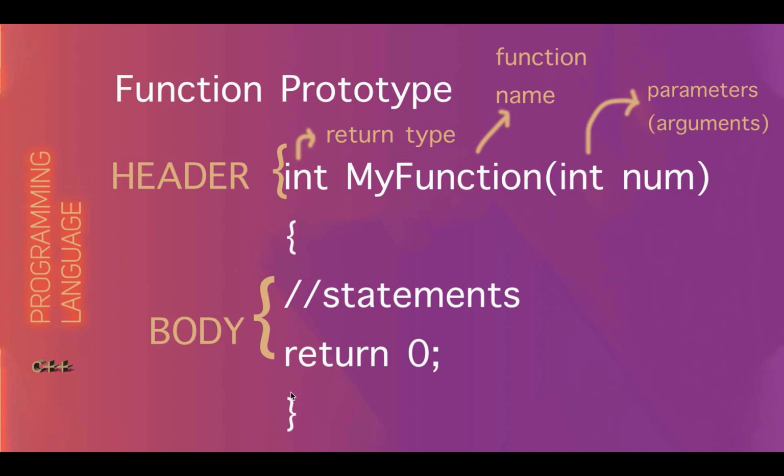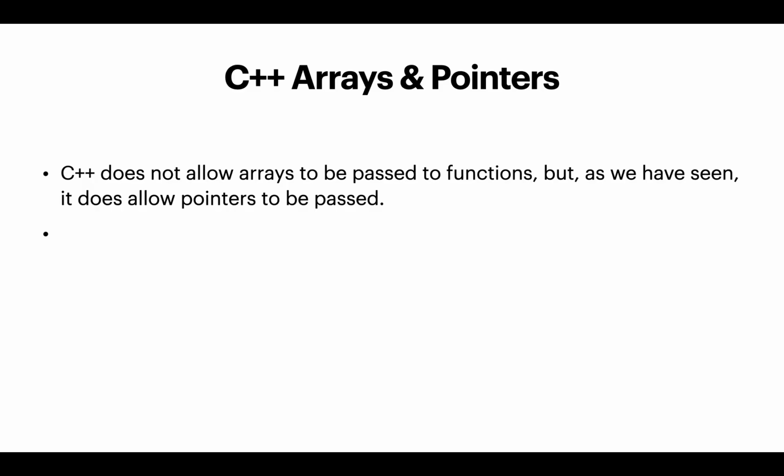Inside these curly braces is the body, which is all the statements, and finally, if it has a return data type, you need to return the result of the function at the end. So this is the header, the body, all the statements, and the function name.